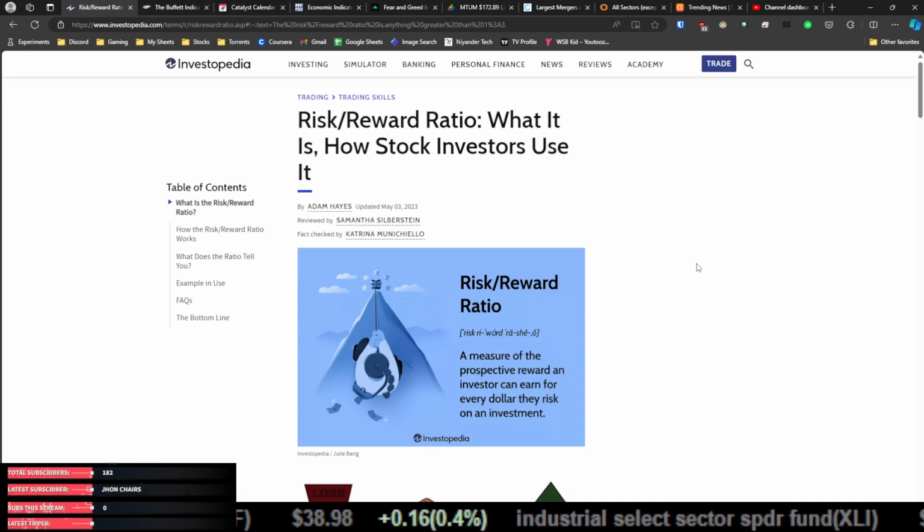So for example, if someone has their stop loss at 20%, then they'll just adjust their reward to 40%. That way their risk ratio is 1 to 2. And that's the very incorrect way of using it. It's supposed to be the other way around.